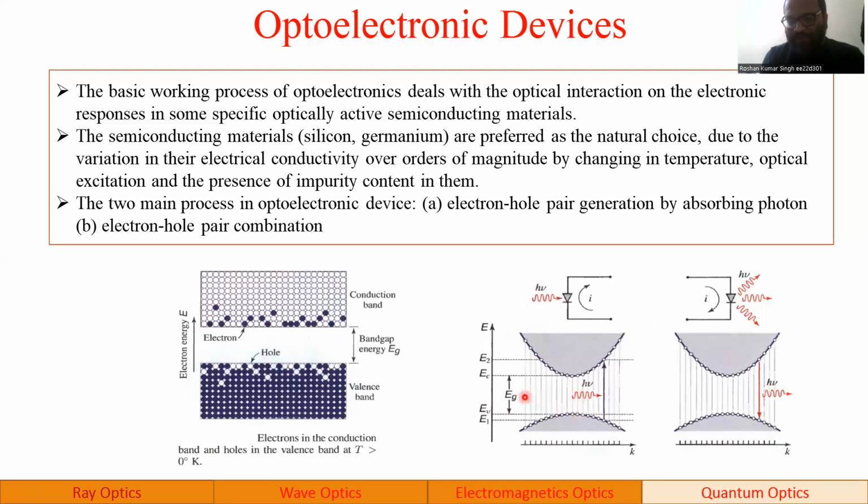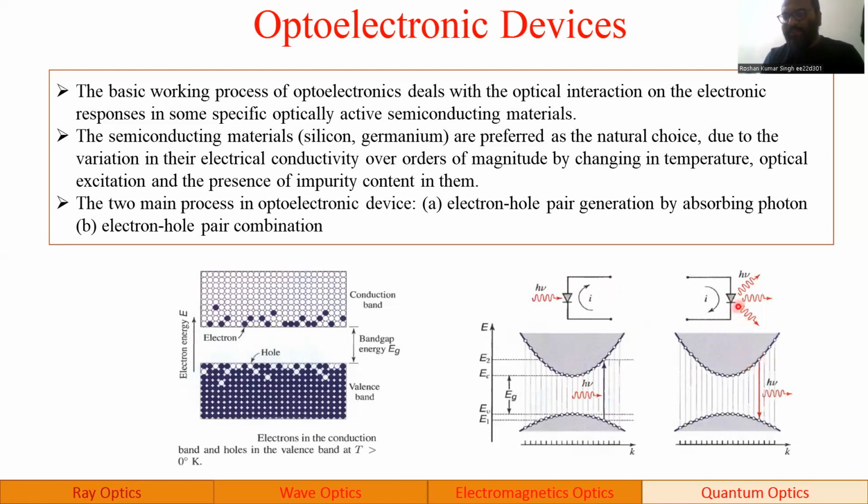When the photon strikes, the electron goes to the conduction band, and when we bias it, an electric field is generated that allows the electron to flow through it, and that's why it generates current.